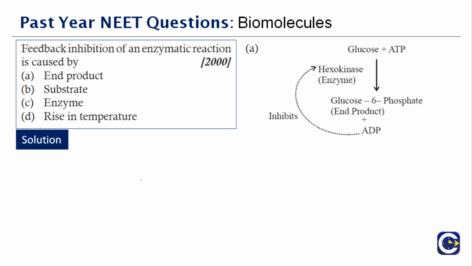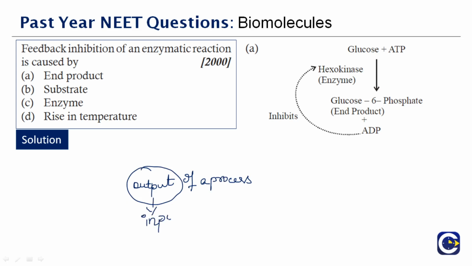Understand it here. Feedback inhibition is a process where the output of a process is used as an input to control the behavior of the process itself. Although negative feedback is used in the context of inhibition, negative feedback is also concerned with this particular process.